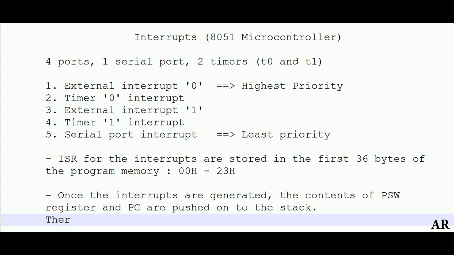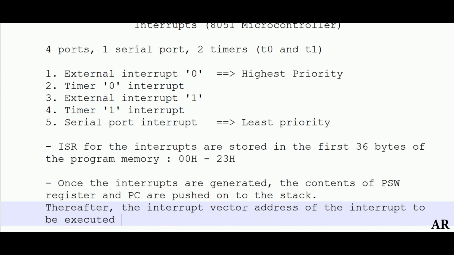Thereafter, the same sequence which you have seen earlier: the interrupt vector address of the interrupt to be executed by the microcontroller is loaded into the program counter, and thereafter your interrupt service routine execution can begin. And this has to be done after clearing your interrupt flag.